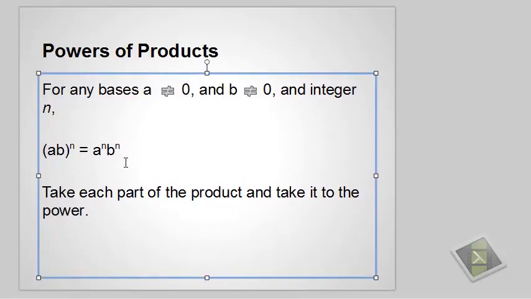So we will come up with A to the n, B to the nth power. If you have a product in here, like 2x or something like that, taken to the 3rd power, you would take 2 to the 3rd and x to the 3rd. So make sure you take each part of that product and take it to that power. We have one last example here.